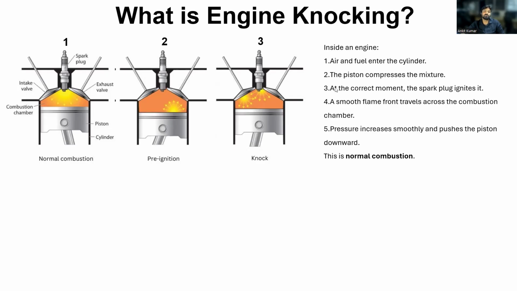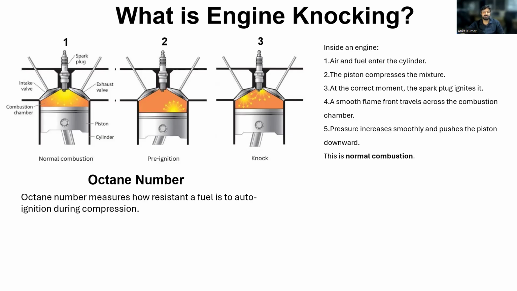Now, how do we quantify the knocking? You would have noticed that some engines make more noise and some make less noise. So in order to quantify the knocking, a parameter known as the octane number has been defined.